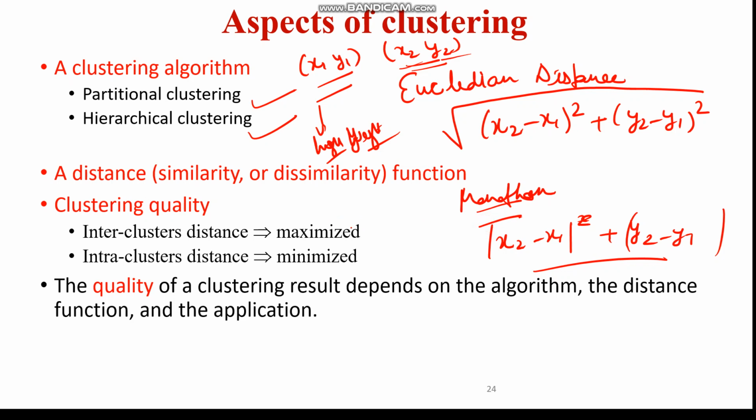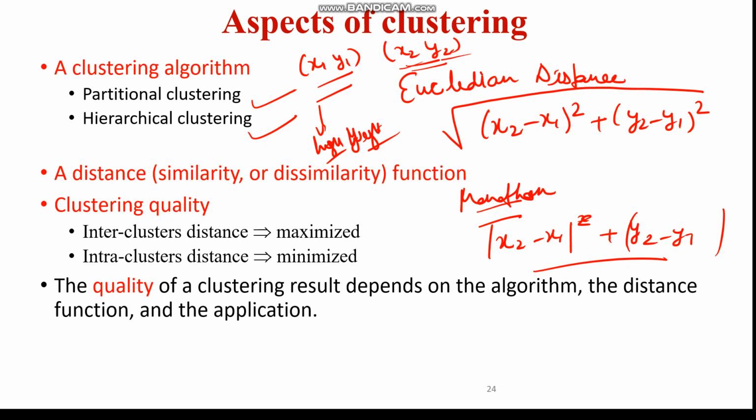When we are working on any type of clustering algorithm, it may be agglomerative clustering, which is a type of hierarchical clustering, or k-means or k-medoids clustering, which is a type of partitional clustering. We can use the Euclidean and Manhattan distances to calculate the similarity or dissimilarity.